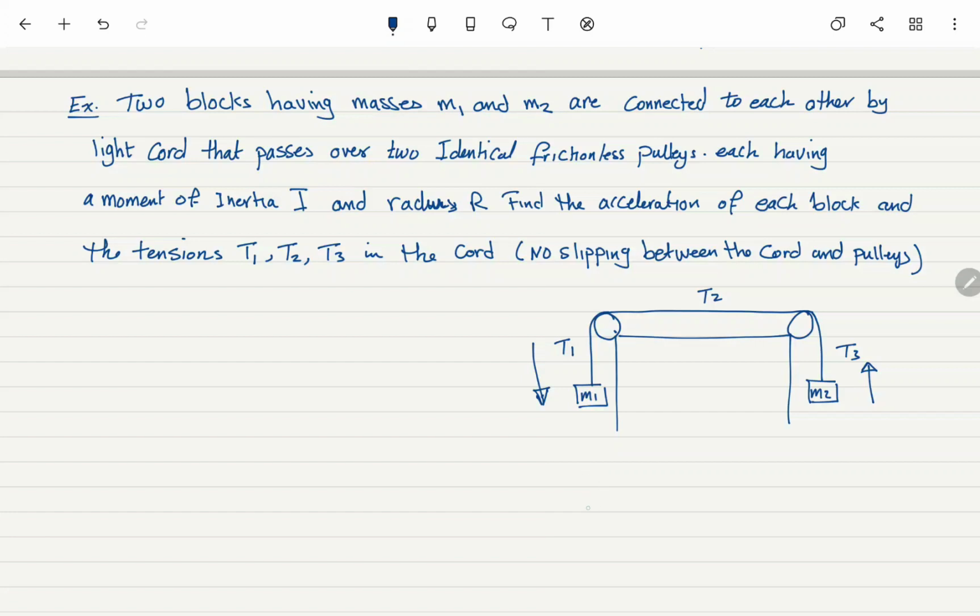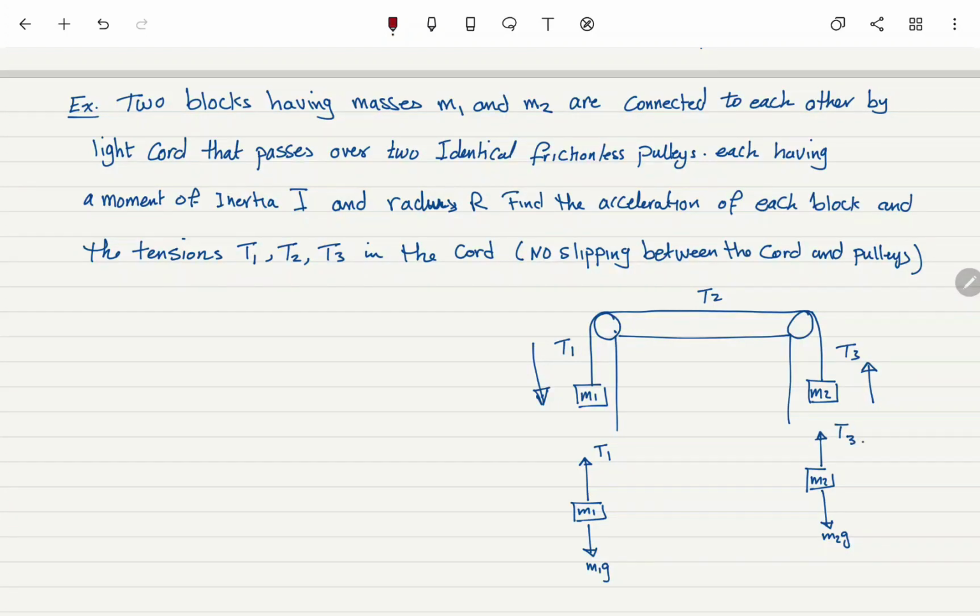So M1 have tension T1 and weight M1G. Now the free body diagram for this one here, this is M2. We have again M2G, and we have tension T3.